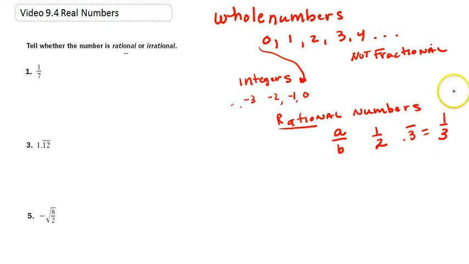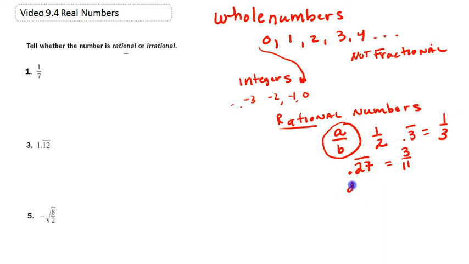So any number that can be written in the form of a ratio would be considered a rational number. For instance, 0.27 repeating is a rational number because it can be written as 3/11.